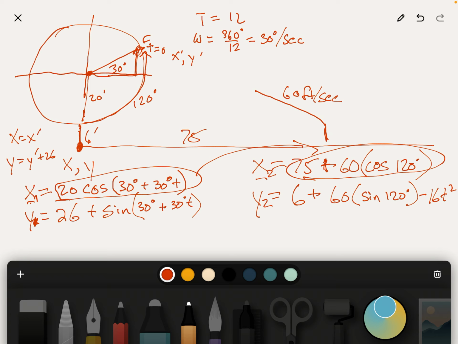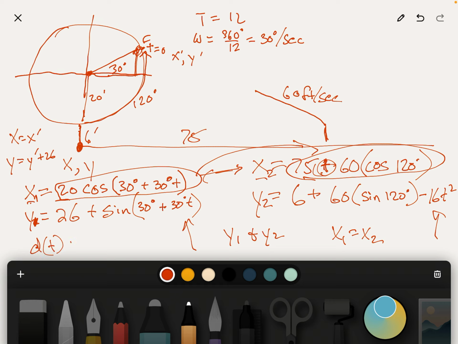And if you make those equal, then just simply solve for t in the first pair of equations, and then plug t into the y equations and find out how close y1 and y2 are to each other when x1 equals x2. This is just another way of thinking about the problem, but the better solution is to do the minimum distance.